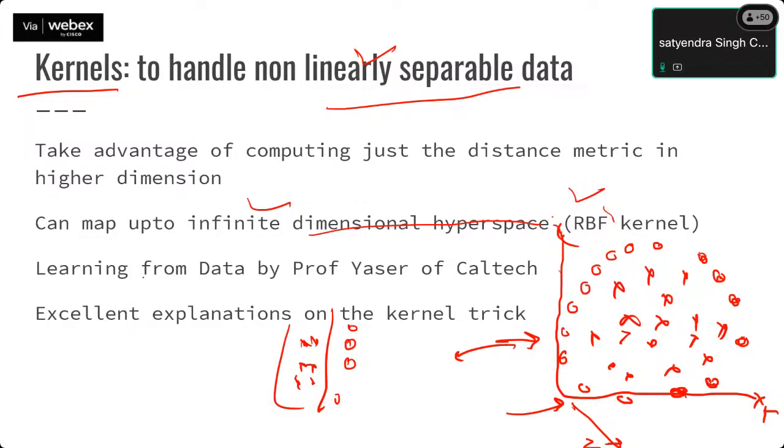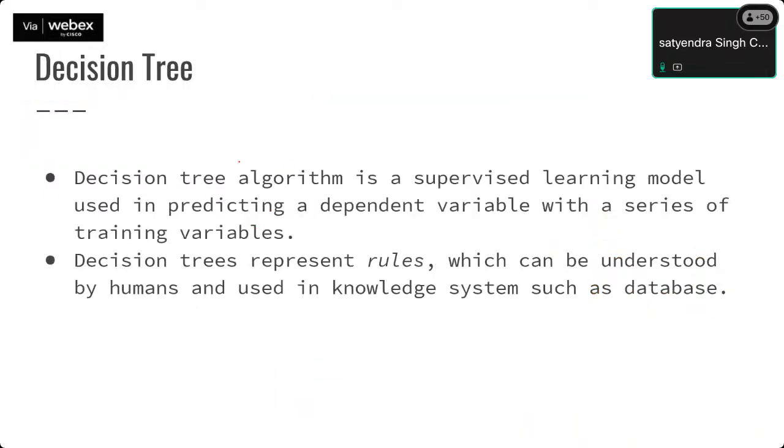And this can be used for separating the data into multiple classes, not linearly, sorry. So you use different kernels. Those kernels are basically functions, so that is called the kernel trick.